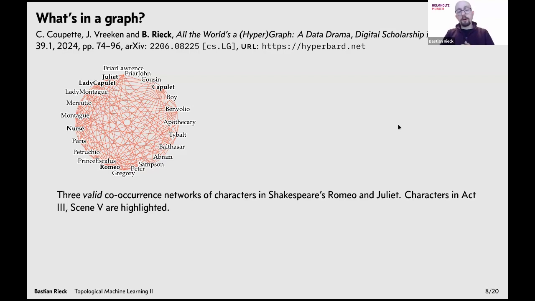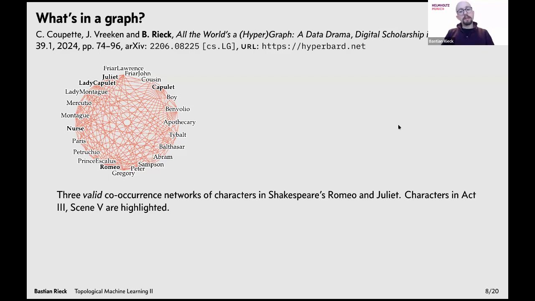We called it All the World's a Hypergraph, a data drama, and it might be well worth the read. I do want to emphasize on screen and in this lecture that we wrote this paper without the help of large language models, because it is written as a kind of theatrical play, and so we had some fun doing that.